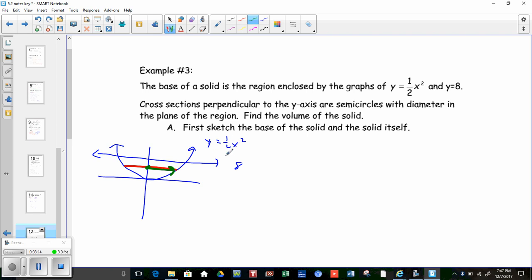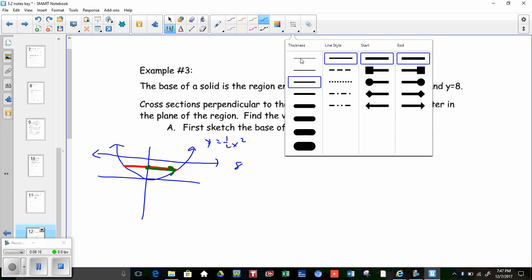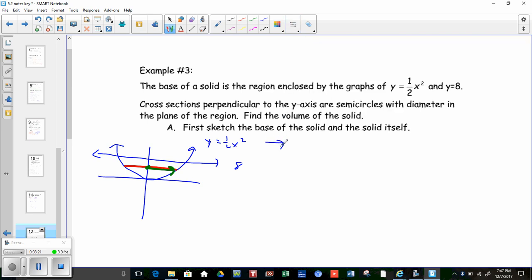That means I need to solve that equation for x. Solving for x, we multiply both sides by 2, so we get 2y equals x squared. Taking the square root, x is plus or minus root 2y. Again, we only need to consider one side, the positive.